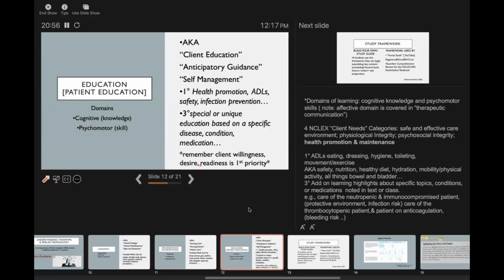For example, when I say tertiary patient education, think about how much crossover there is if we're talking about care of a neutropenic patient, a patient undergoing cancer therapy or who has some type of blood dyscrasia, and the immune compromised patient.